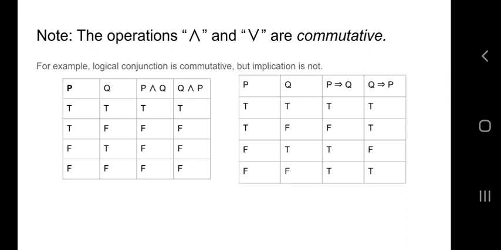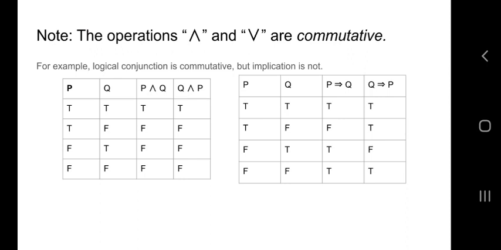We have a column for P, a column for Q, and then two columns, P and Q and Q and P. If you fill out those columns, you can see that the columns are identical, truth value-wise. So those formulas are logically equivalent, which we'll talk more about tomorrow. For now, you just need to know that P and Q is the same thing as Q and P. Don't just automatically replace one formula with another and treat them as the same, but know that they are the same.